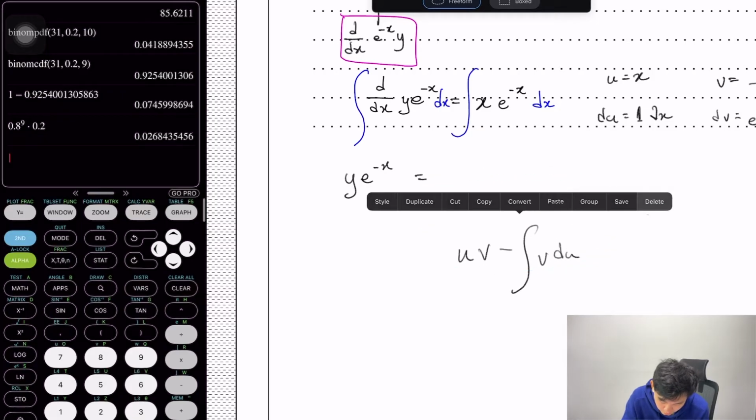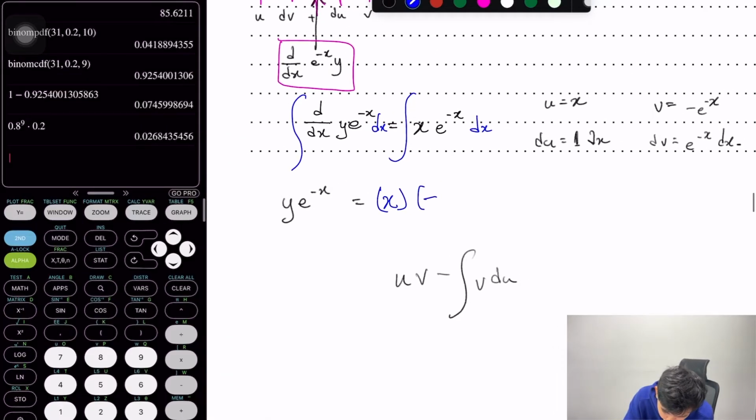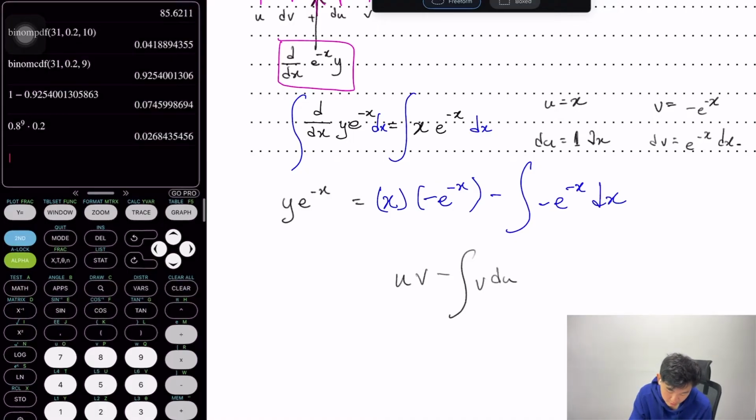We just substitute the things back: u is x, times v, which is negative e to the power of negative x, and then minus the integral of v du, which is negative e to the power of negative x times one dx. This is how we use the integration by parts.